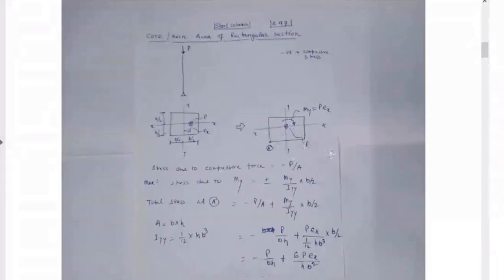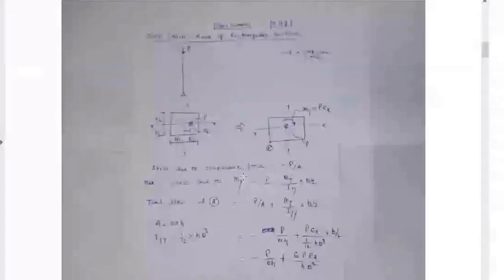What is the stress due to the compressive force? The stress due to this P force is minus P by A. We consider this minus because of the sign convention that compressive force is negative and tensile force is positive. Next is the stress due to the moment.